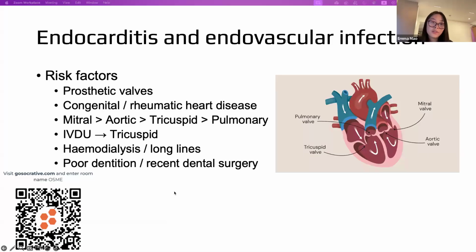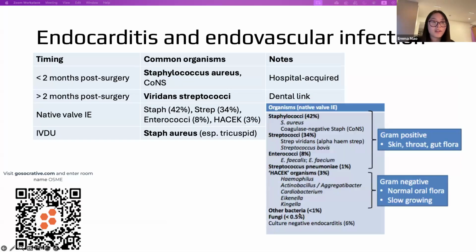The order of the valves to remember is that it often affects the mitral valve, then the aortic, and then tricuspid and pulmonary in terms of most common valves affected. But for intravenous drug users, it's always tricuspid because it comes from the venous system. Okay, so it goes into the right side first.